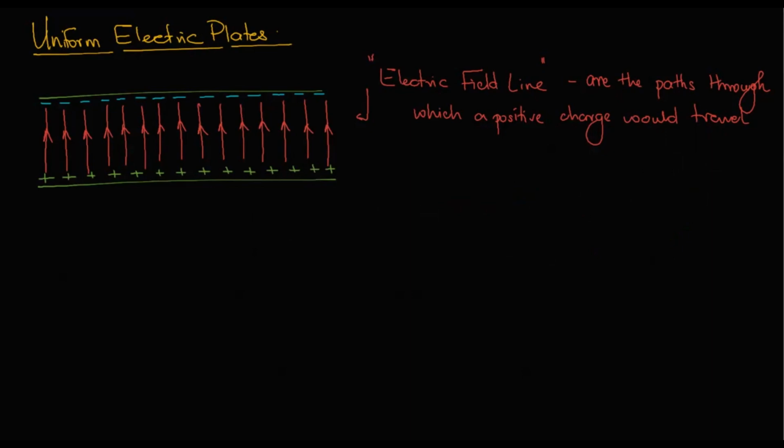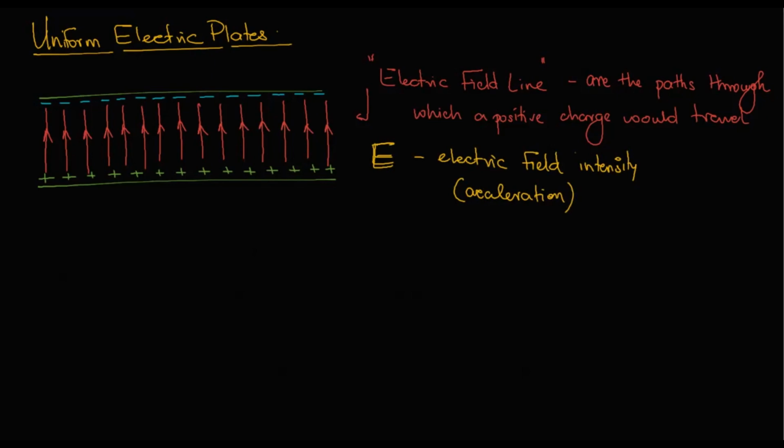So in this case, since it is a uniform electric field, we can call the electric field capital E. That is the electric field intensity. Electric field intensity is pretty much the acceleration due to the electric charge that we keep.